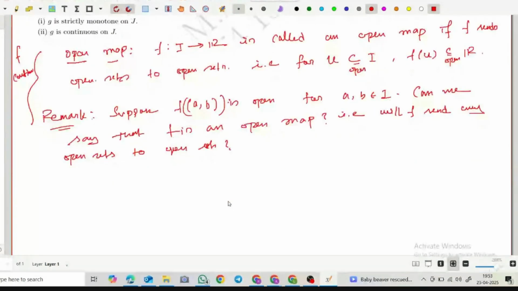I think you have come across a result in your BSc course which says that if U is open, then U can be written as a disjoint union of (a_i, b_i), i belonging to the natural numbers.